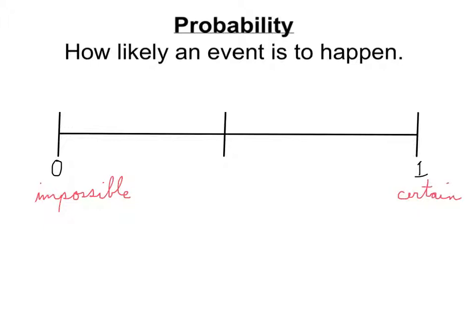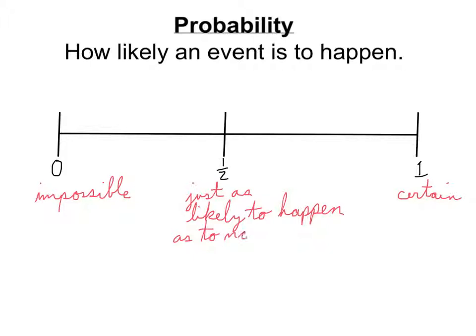It will definitely happen. And then in the middle, we have a probability of 1/2. And a probability of 1/2 means that the event is just as likely to happen as to not happen.